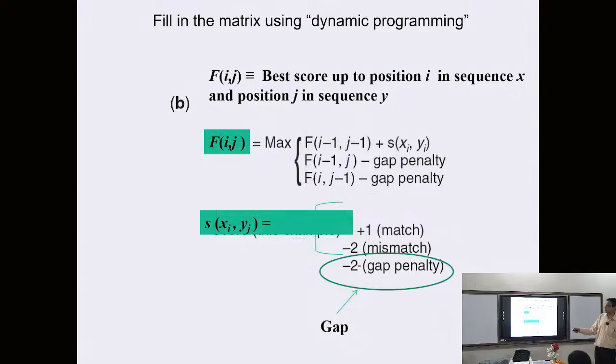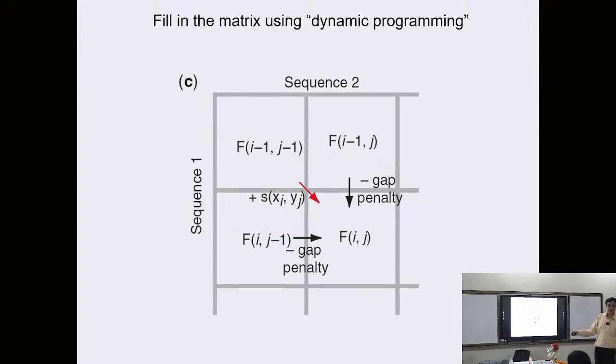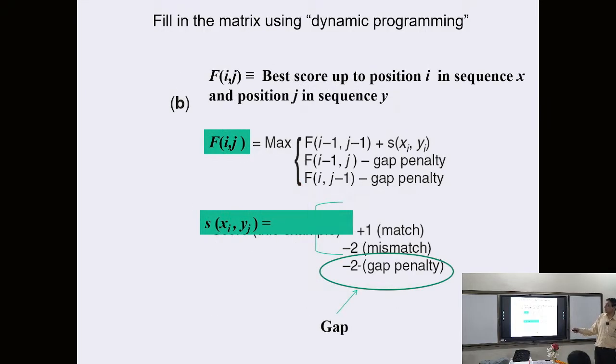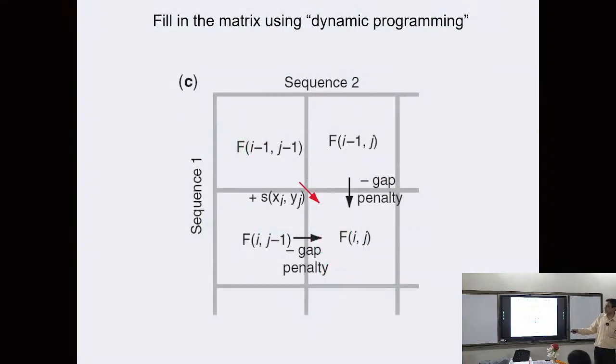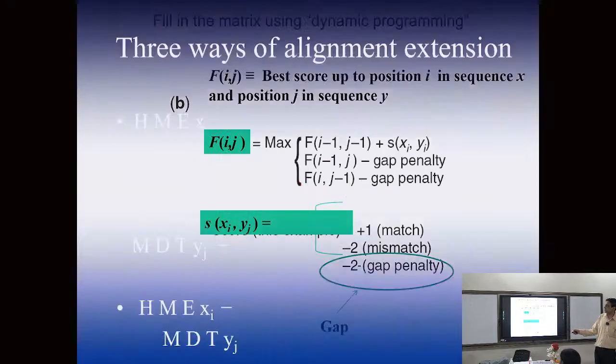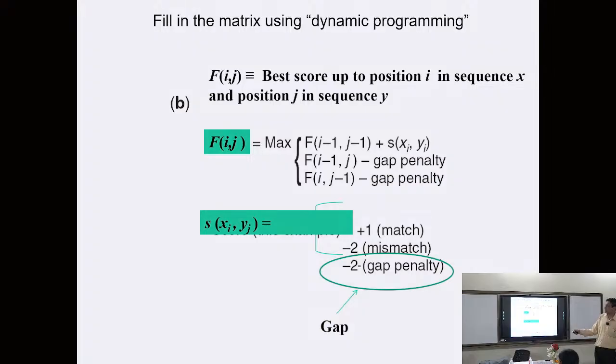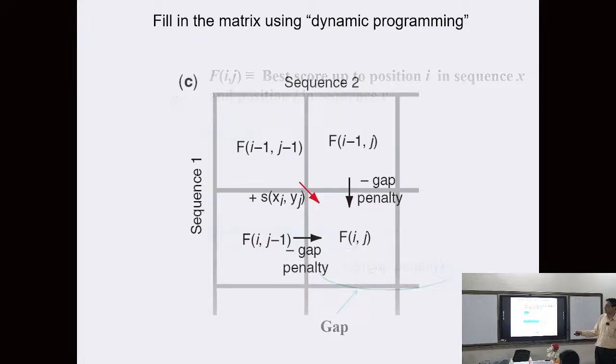On the other hand, these two are gaps, and for gaps you come along vertically and horizontally. This one is the second scenario: Xi is aligned to gap, which is shown in the matrix notation like this, vertically. And the third scenario, Yj is aligned to gap, is this one. You get Fij from F(i, j minus 1), which is the horizontal move.